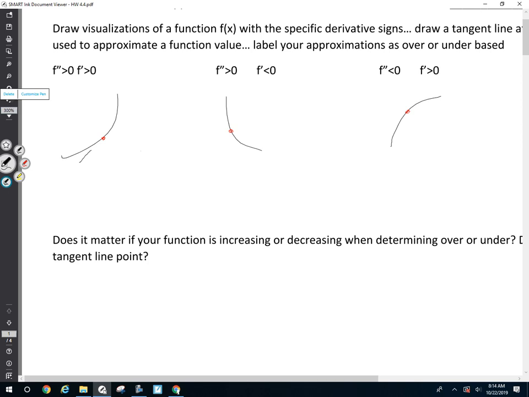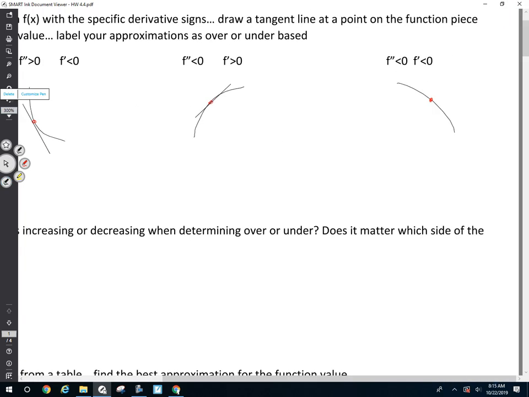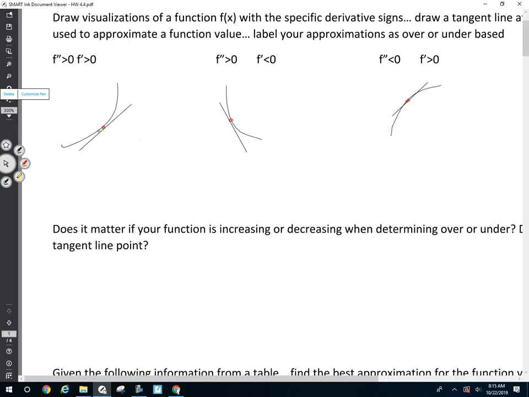If I draw a tangent line here, there, here, those tangent lines at this location where we zoomed in will do a very good job approximating what the function looks like.